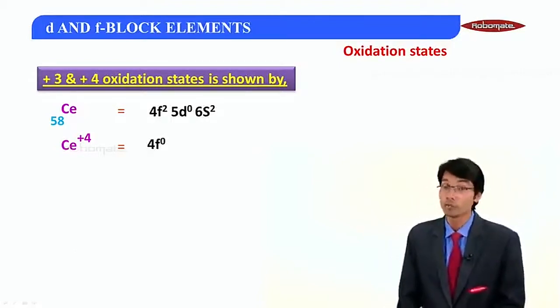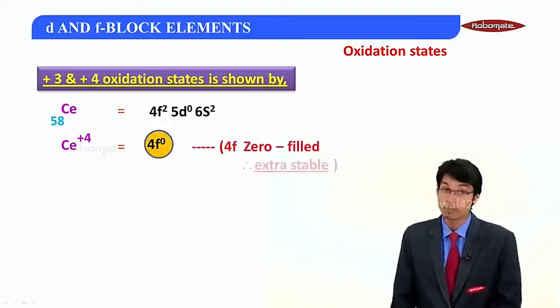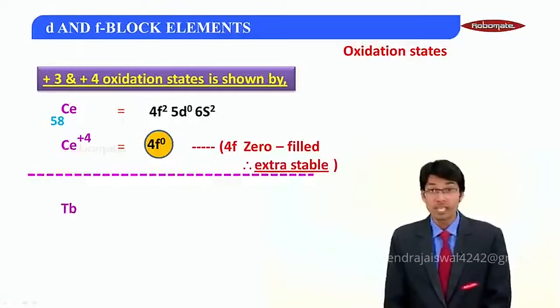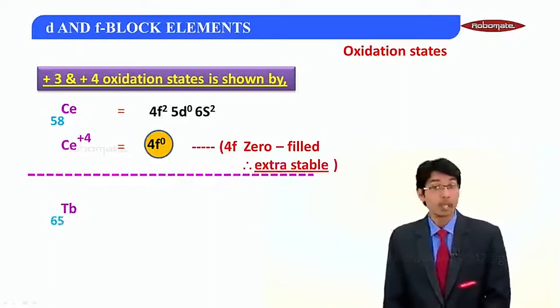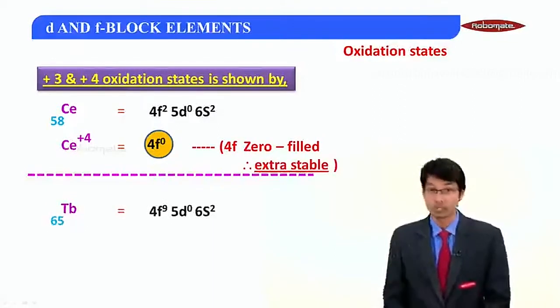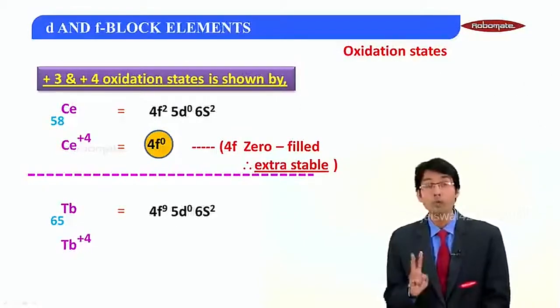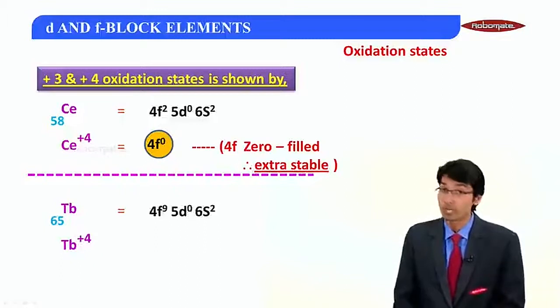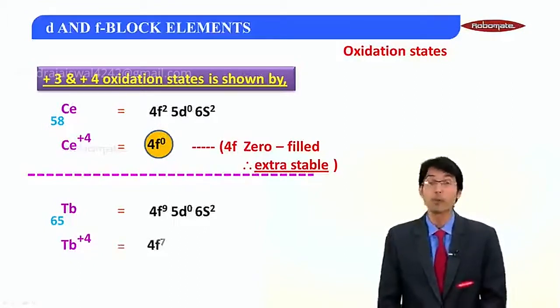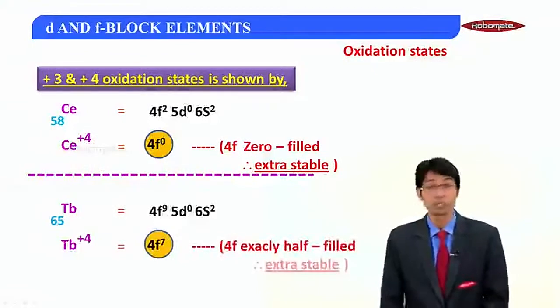So it will become 4f0, meaning we get vacant orbitals, and that's why it is highly stable. The next element is terbium, which comes after gadolinium, and the configuration is 4f9 5d0 6s2. So terbium 4+ means loss of 2 electrons from 6s and 2 electrons from 4f, so it will become 4f7, and because of the half filled orbital, again terbium 4+ is highly stable.